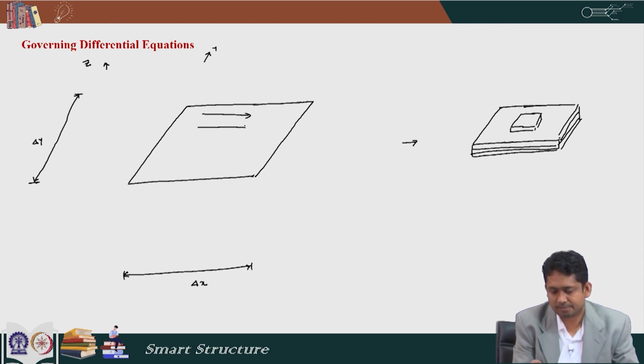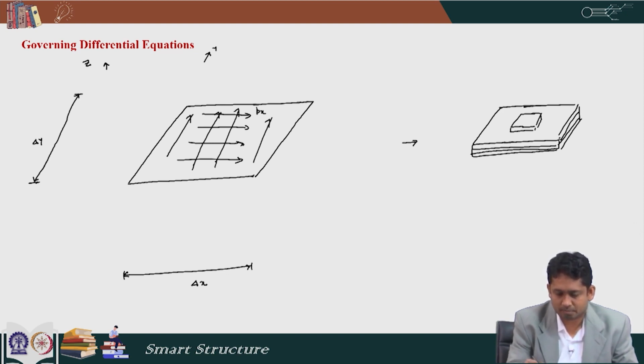So, in plane distributed force, let us assume there is Px, and let us also assume that there is an out of plane distributed force which we call Py, and then there can be a vertically distributed force along z direction, and let us call it Pz.